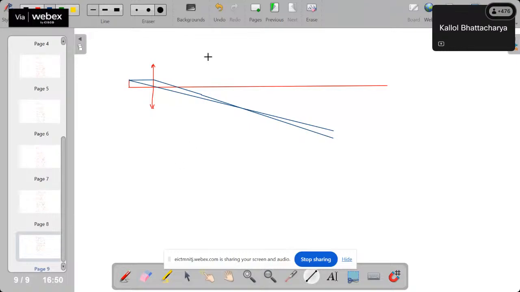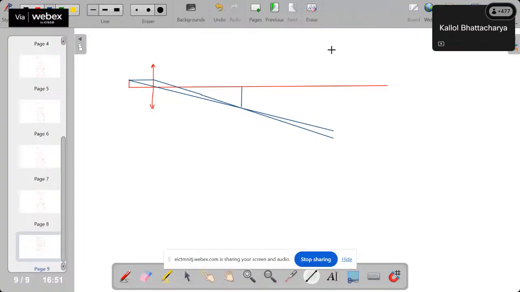Then the intermediate image is formed here. This is the intermediate image. It will, of course, be inverted. This is the tip of the intermediate image. And we have the eyepiece. Let's say the eyepiece will be put here.